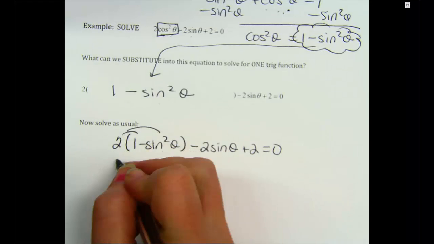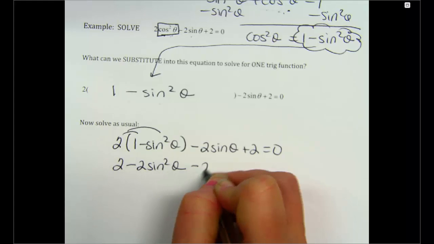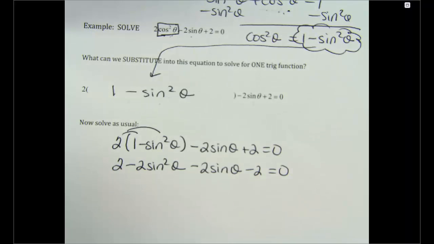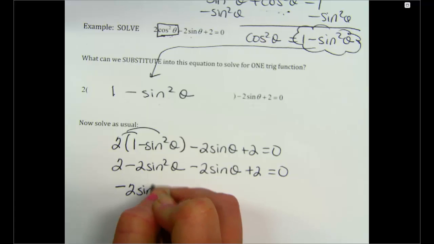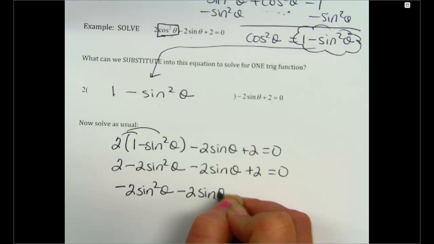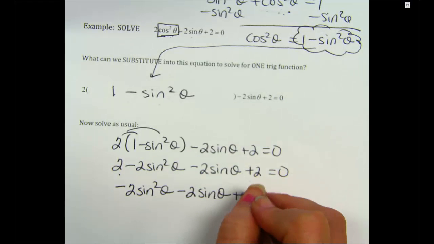Distribute. 2 minus 2 sine squared theta minus 2 sine theta plus 2 equals 0. Okay, I'm going to rearrange this to put it in a better order for me. Squared stuff first. Negative 2 sine squared theta minus 2 sine theta. And then combining like terms, 2 plus 2 is 4.